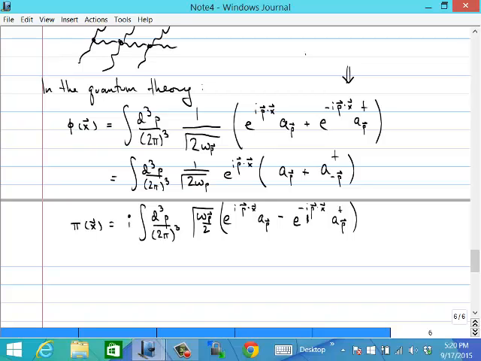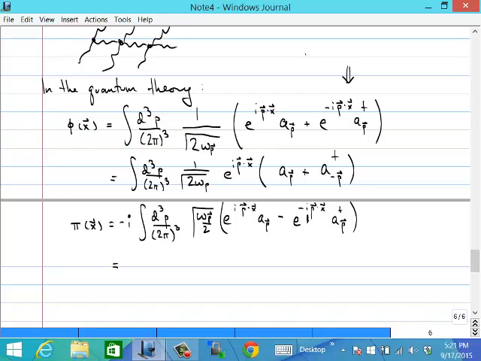I haven't done anything here. So far, this is just the definition of what I mean by the operators a and a dagger. If you wanted to, you could invert these expressions that I've written here and write a and a dagger as functions of phi and pi. So all I've done is a Fourier transform to write these in a simpler form. Okay, actually, there's a minus sign, it turns out. That's just a definition.